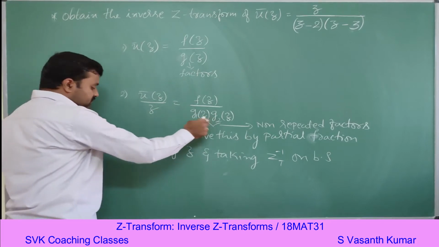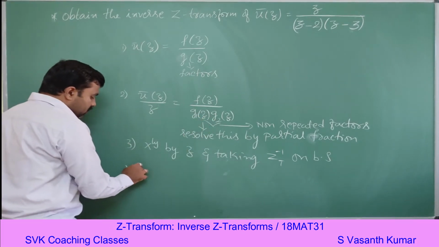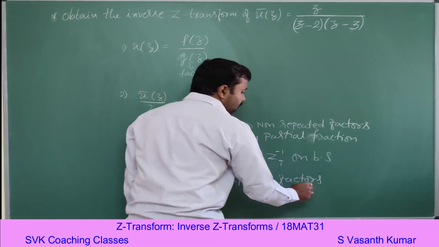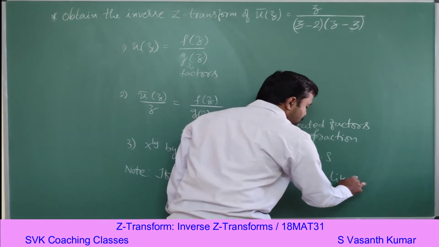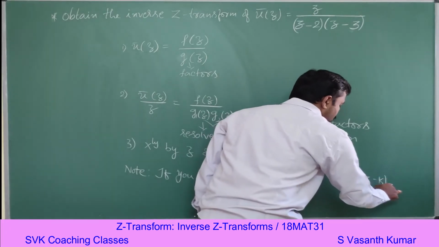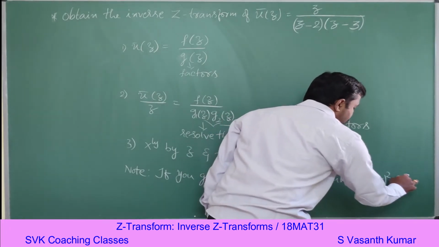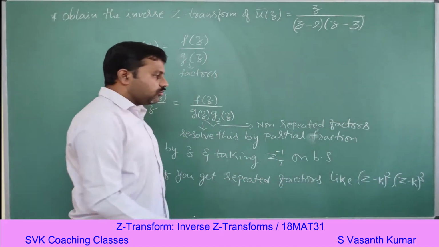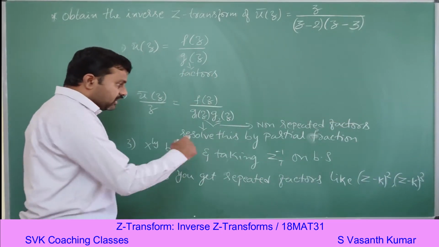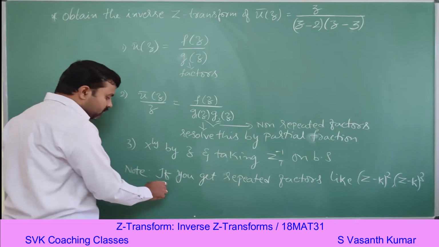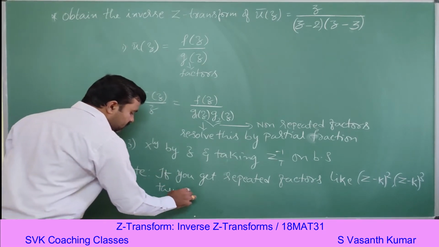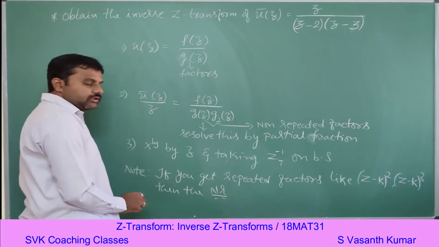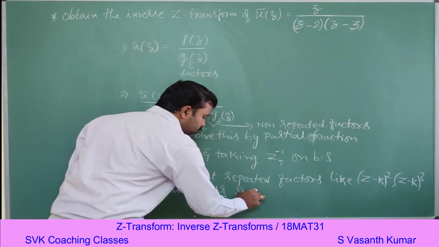Note, in case you get repeated factors like (Z minus K) whole square or (Z minus K) whole cube, then the numerator should be of a particular form.